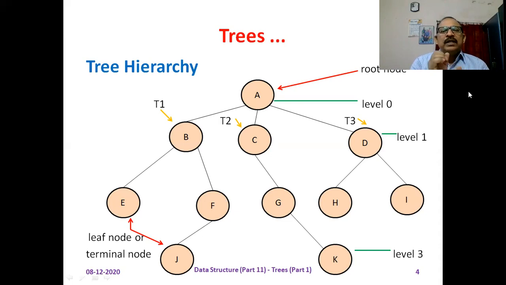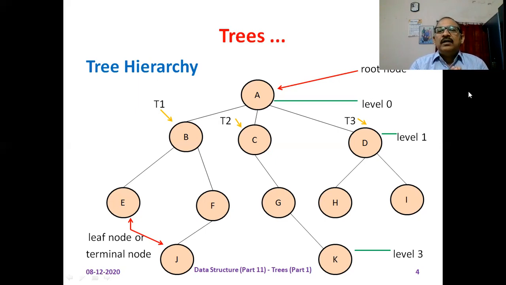The ancestor of the node B is A. The ancestor of a node F is B and A. Ancestor of node K is, you can say, G, C and A. So these are the ancestor nodes of node K.